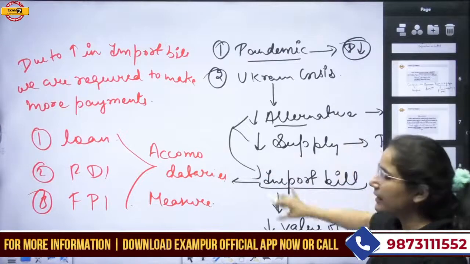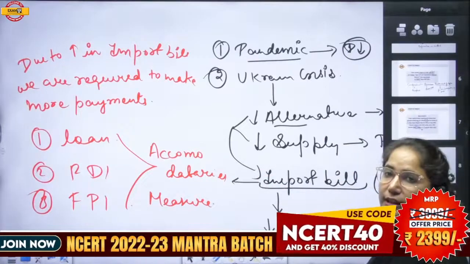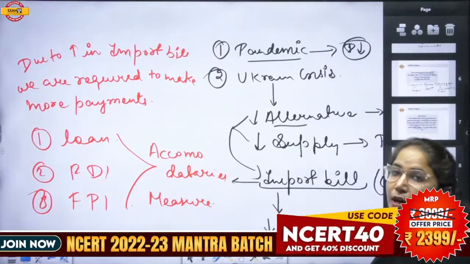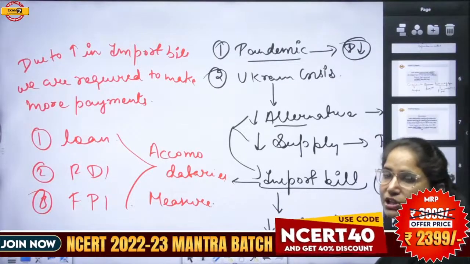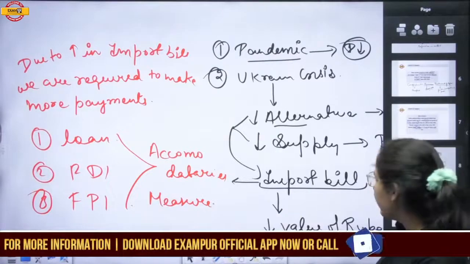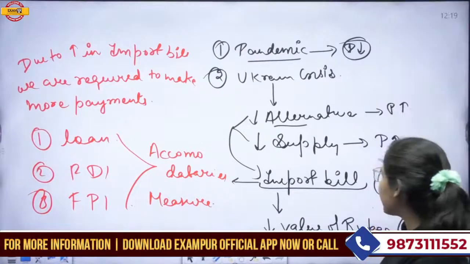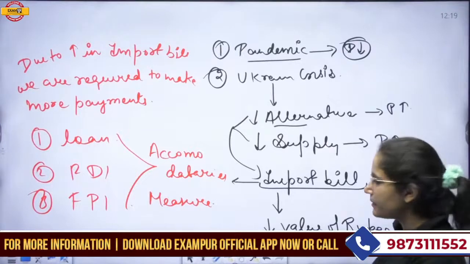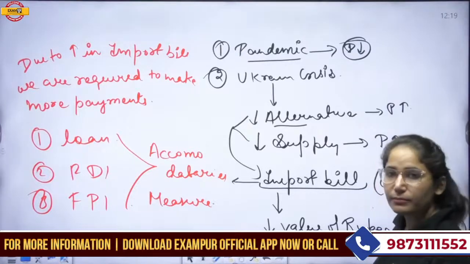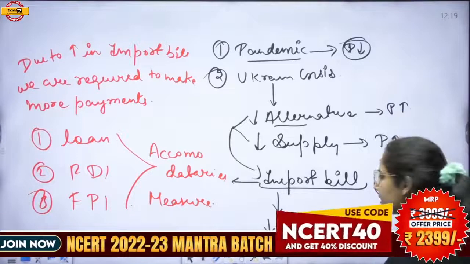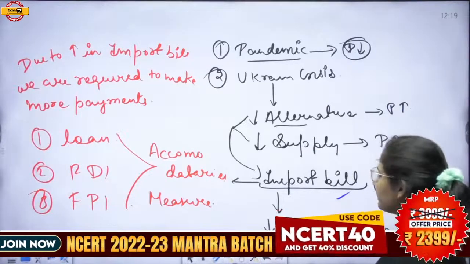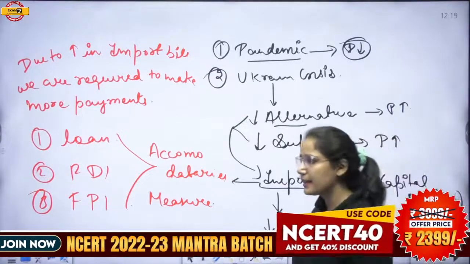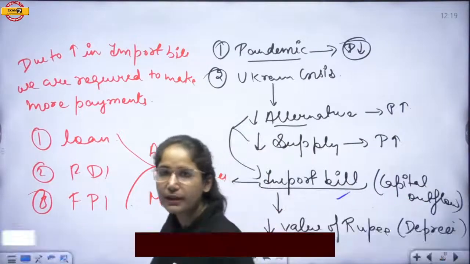Now we have to bear the entire burden on crude, which is a basic requirement for transportation, and transportation demand is totally inelastic in nature, as it is the main basis for every sector. Import bills are going up because the decline in supply is raising prices.